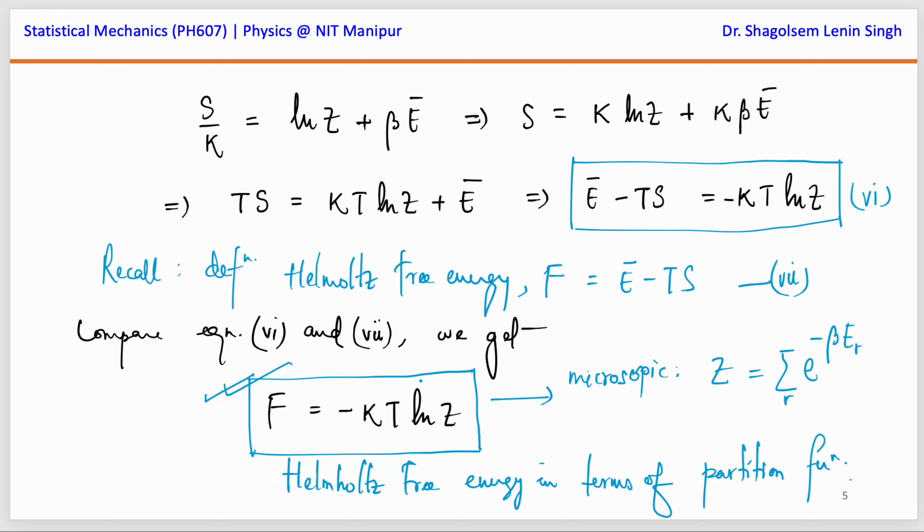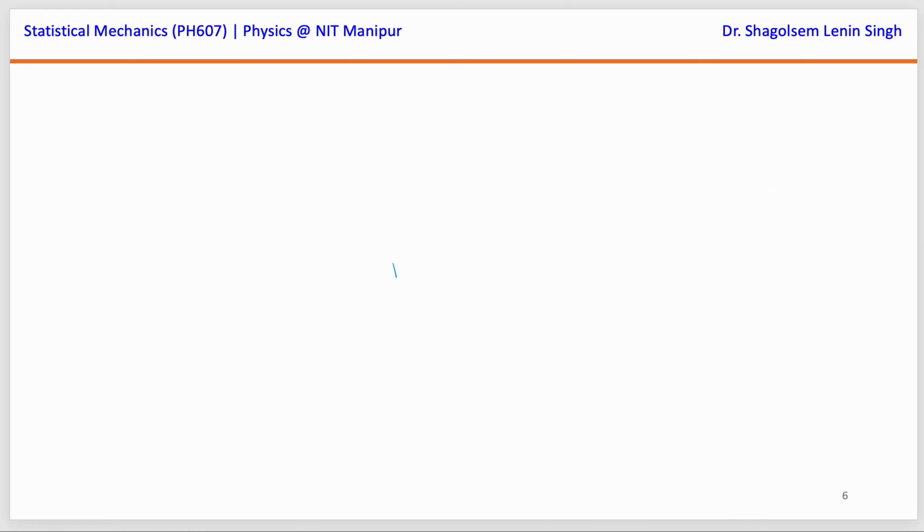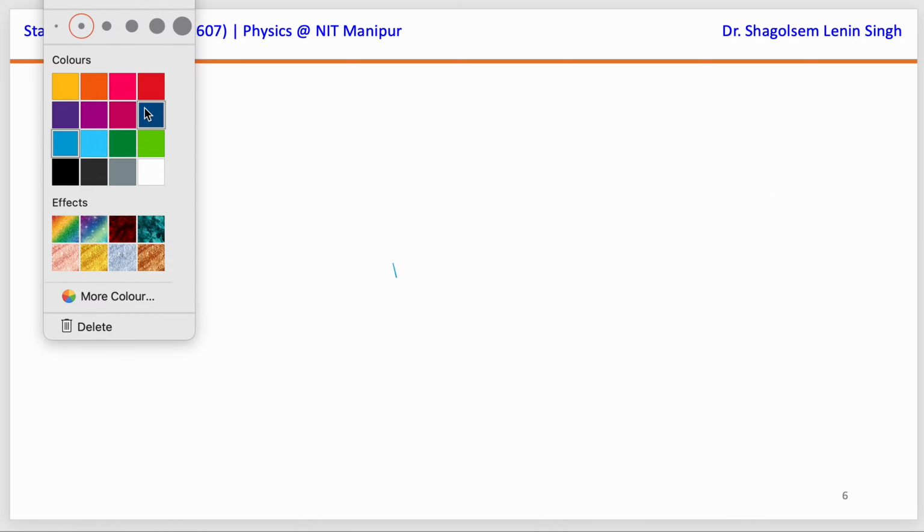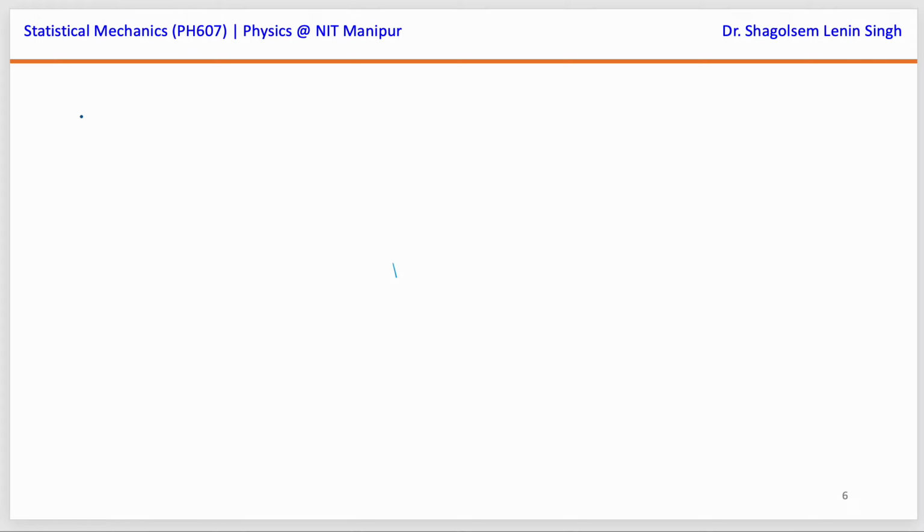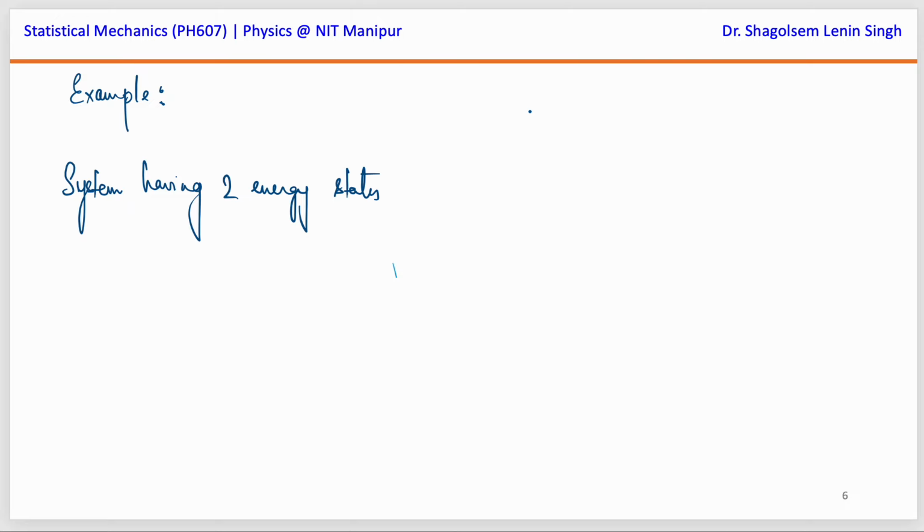For example, in the previous exercise, we discussed about a system having two energy states, right? Say state energy defined by 0 and energy defined by, let's say, epsilon.